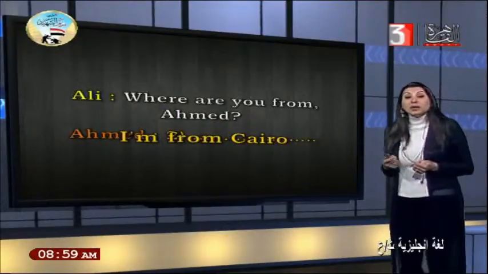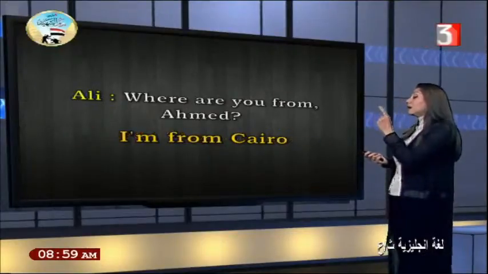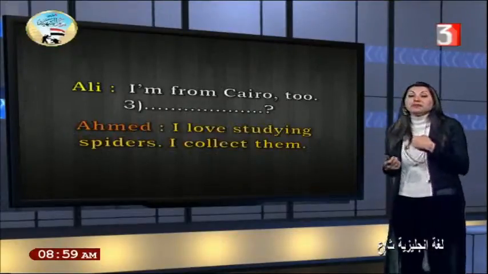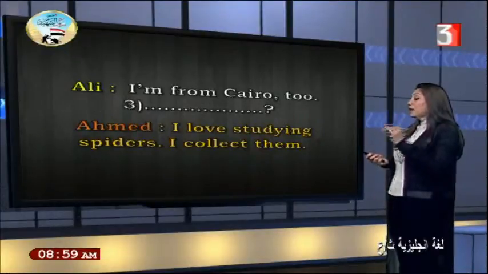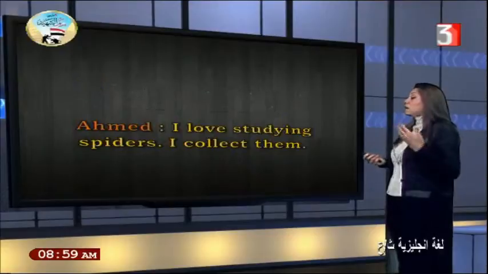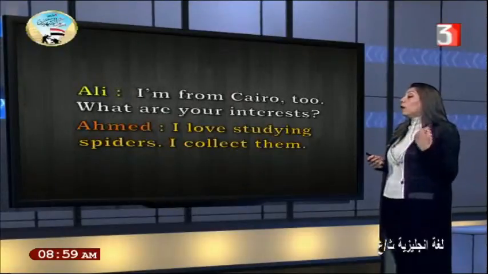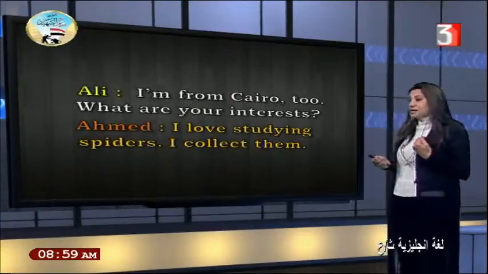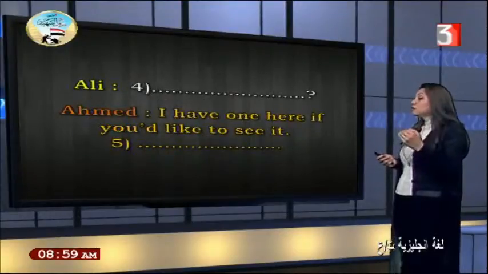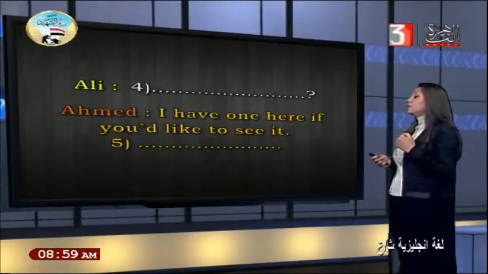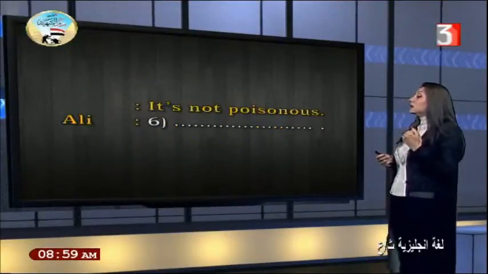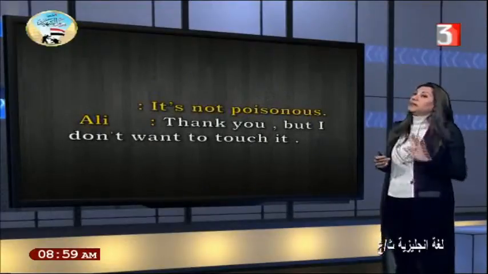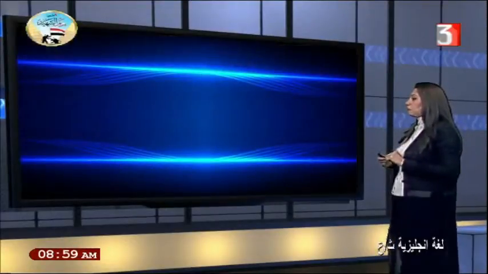The answer will be I'm from Cairo. Why? Because the next answer says I am from Cairo too, so I'm from the same sentence. The question is about his hobbies: what are your interests? Question from Ali. The answer: I have one here if you'd like to see it. So the question will be: really? And the answer will be it's not poisonous. The answer for it: thank you, but I don't want to touch it.